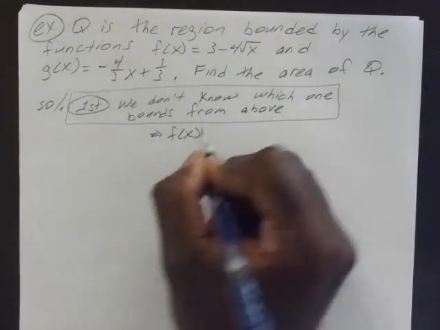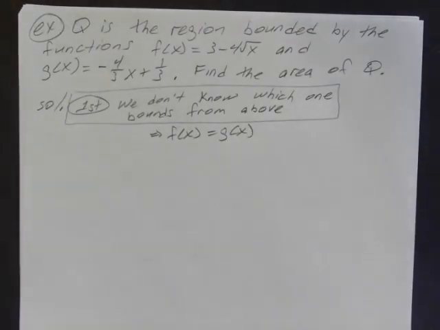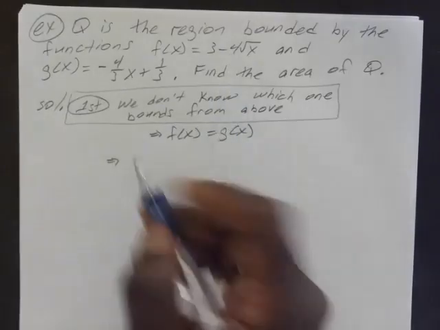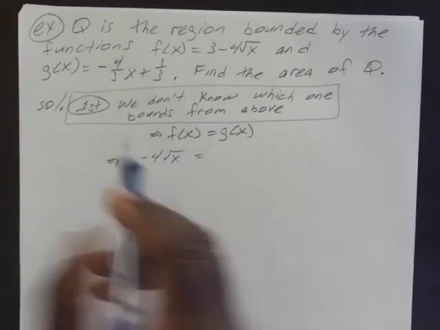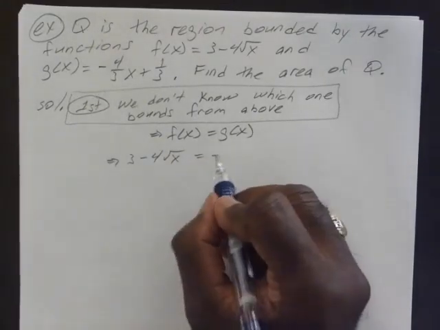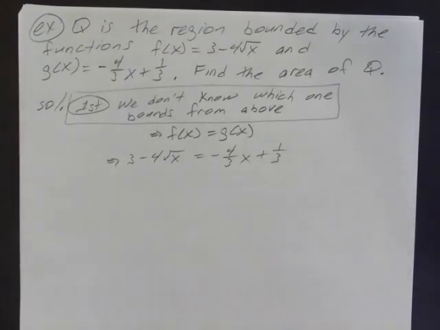We find where f of x is equal to g of x. Okay, so we have 3 minus 4 square root of x is equal to negative 4/3 x plus 1/3.